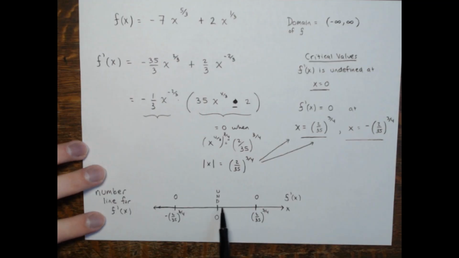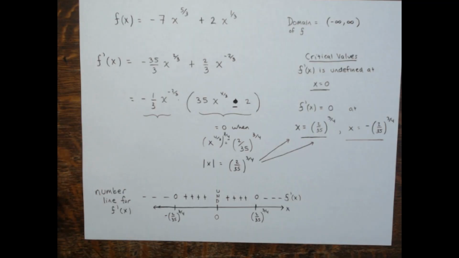So you see between the two values, the value of f prime, the derivative function that we saw, was positive. So I put little plus signs here. And then outside these, right, we saw in the graph of the derivative that the outputs were negative. So negative derivative for values outside these.